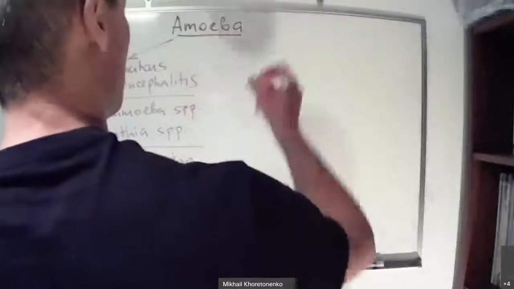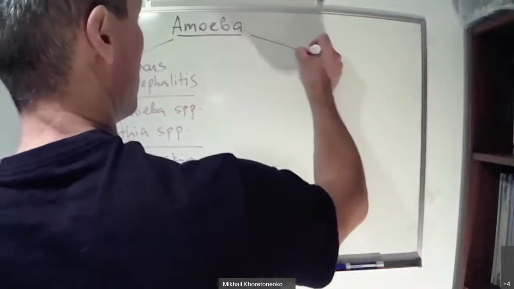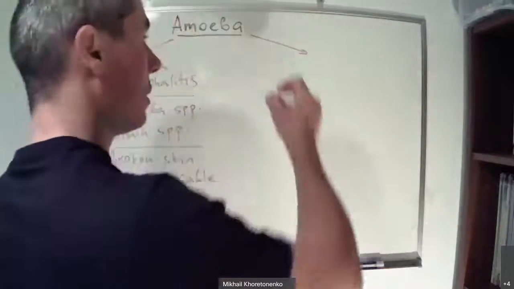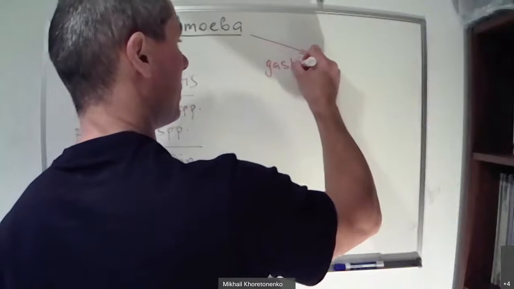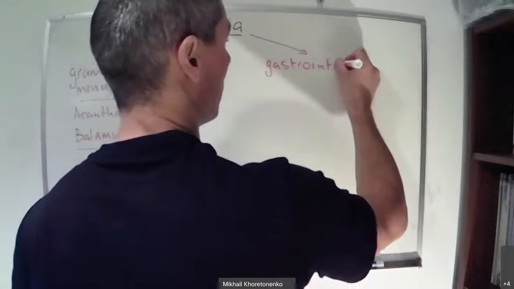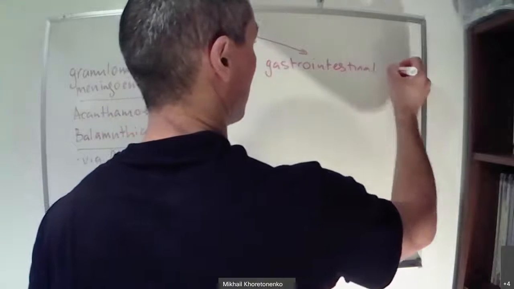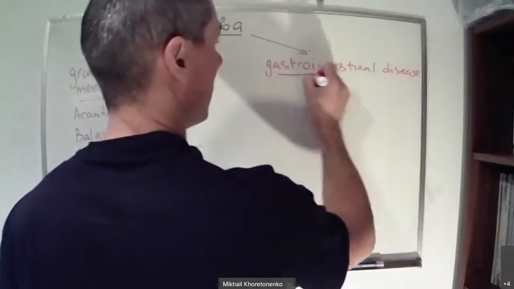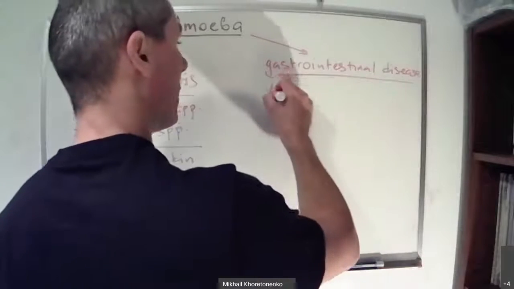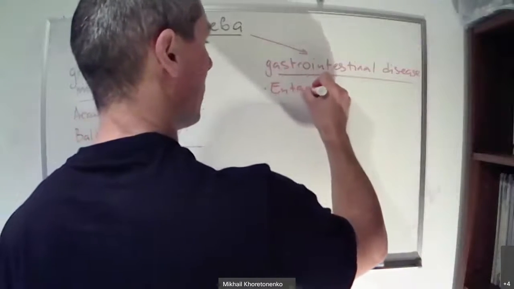The second group of amoebae that I wanted to address is, let's call it, gastrointestinal disease. That will be Entamoeba histolytica.